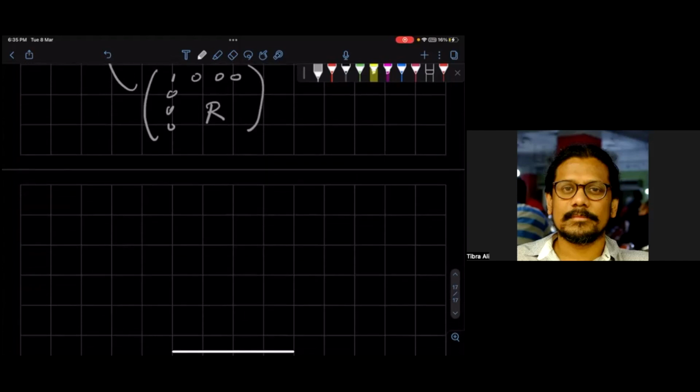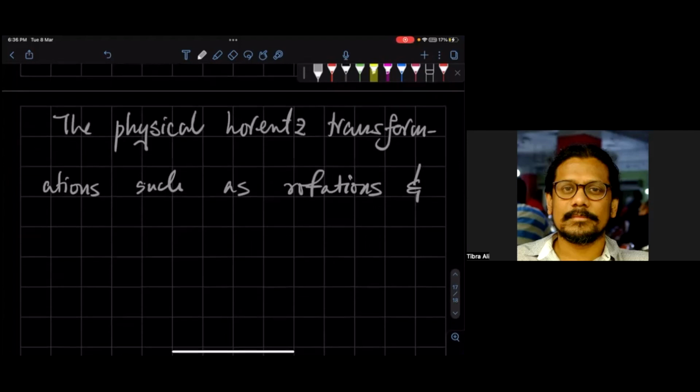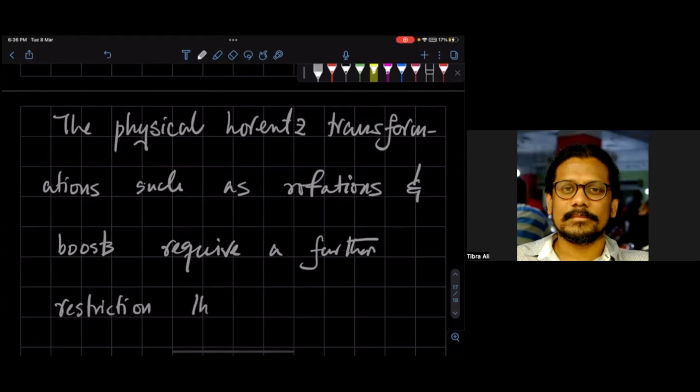The physical Lorentz transformations that we use, such as rotations and the boosts, require a further restriction, and that is that the 0,0 component of the Lorentz transformation matrix must be positive.